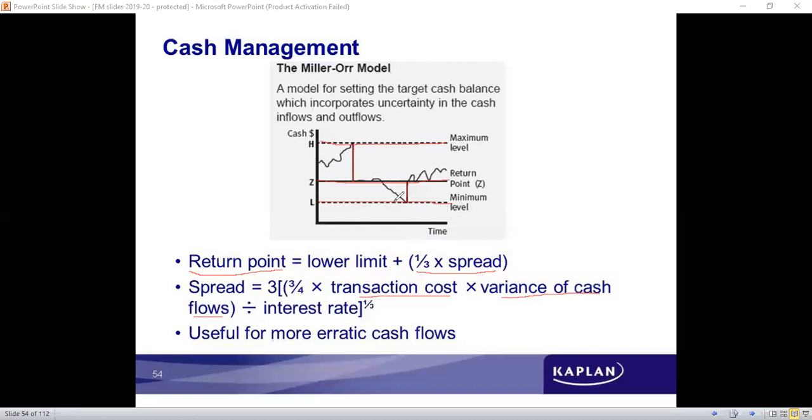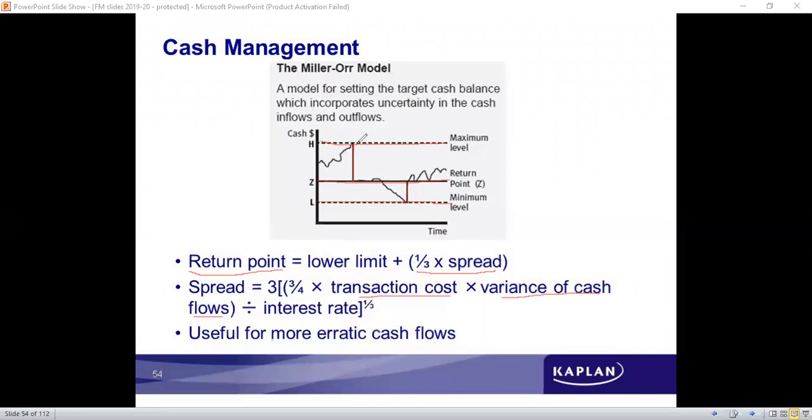But how do they come back to the return point? We see that when the cash flows are rising, too much cash is available. So whatever surplus cash exceeds beyond the maximum level is accumulated and invested into some deposit.